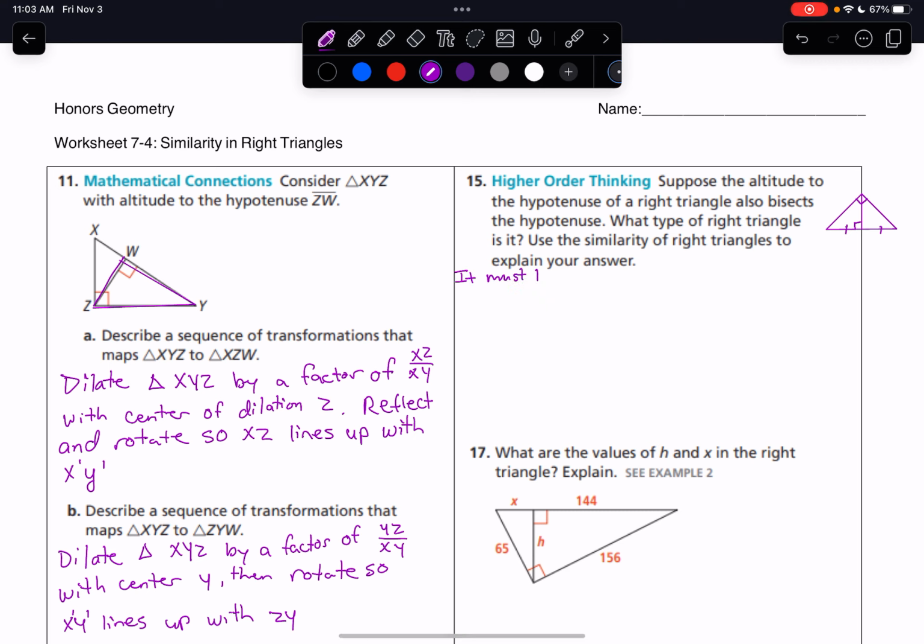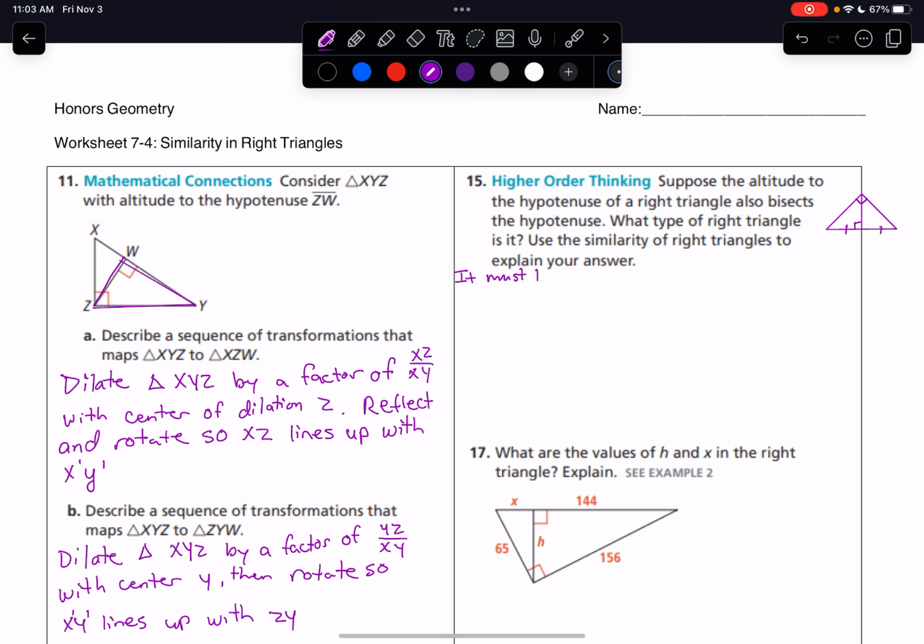And then we have to say why. Because we know that the altitude is the geometric mean of both parts of the hypotenuse, then what we can say is it'll be the same as each part of this hypotenuse since it bisects it.